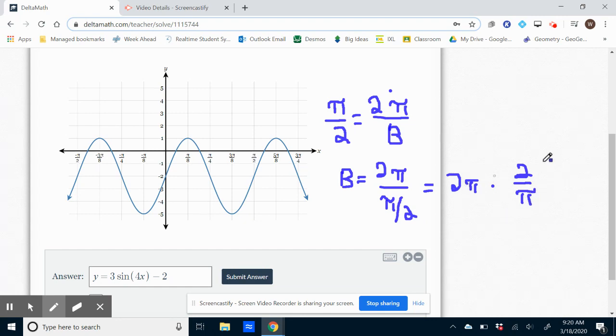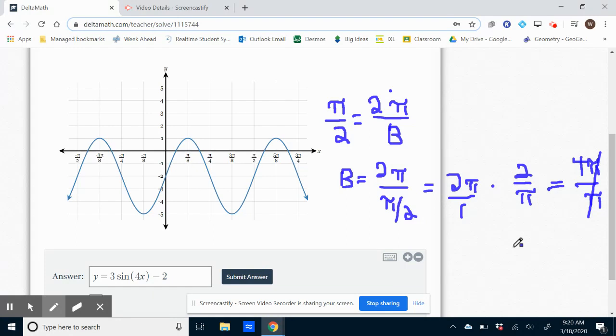So 2 pi times 2 over pi is going to give me 4 pi over pi. The pi's will just cancel, and therefore b equals 4.